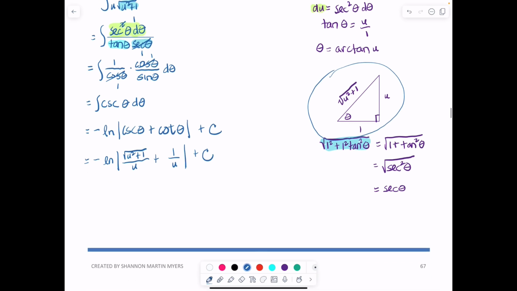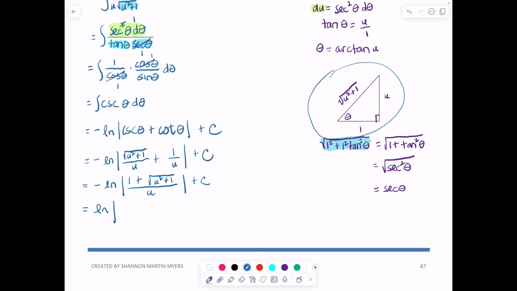Now we already have a common denominator of u, so we'll have negative natural log absolute value of 1 plus the square root of u squared plus 1, all over u, plus c. Now, that's going to flip because of the negative in front of the natural log. So that's like bringing that into the negative 1.